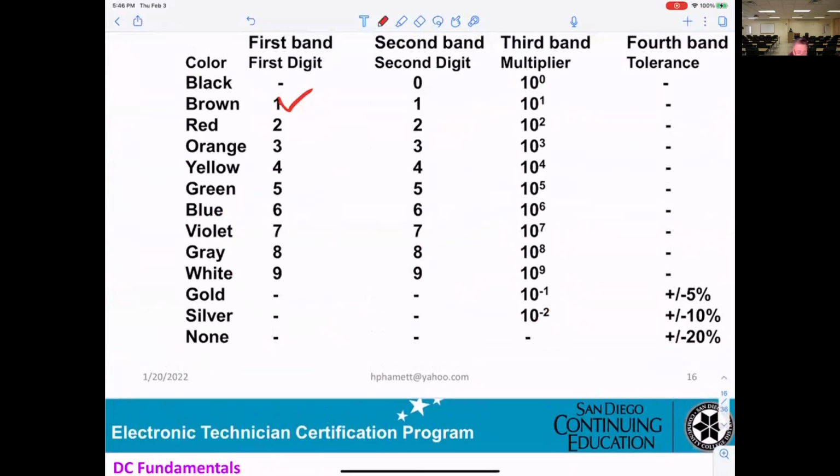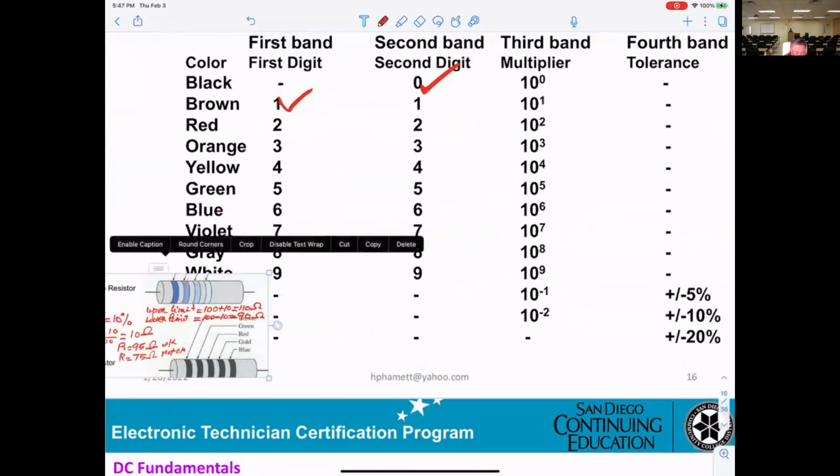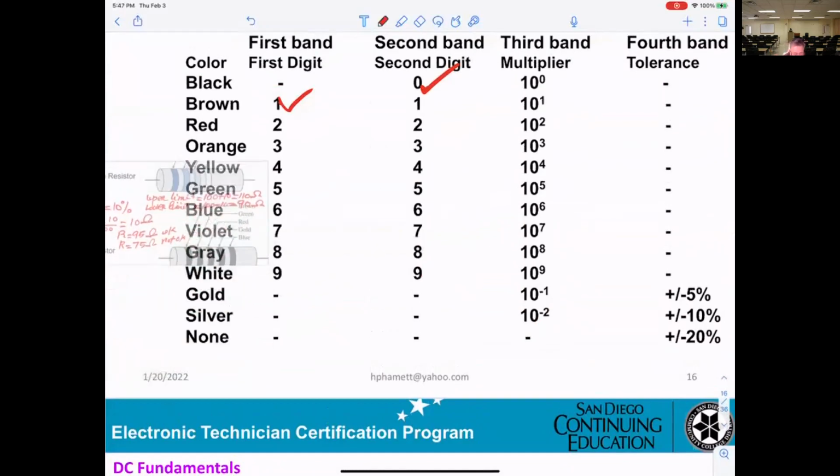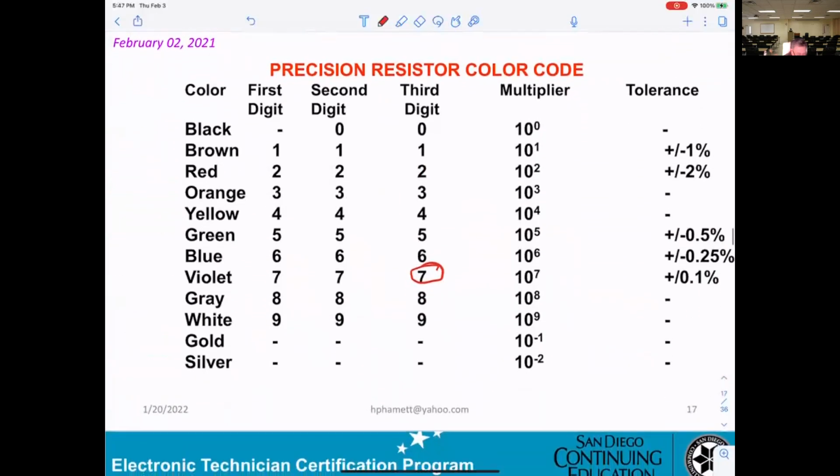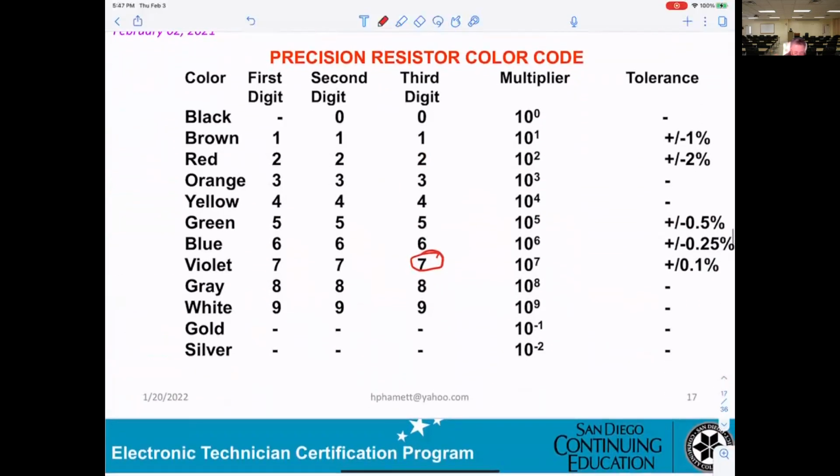And if there's no color, 0 will be black. So 1, 0. Third band is the multiplier. We already know the multiplier is violet, that is power 7.